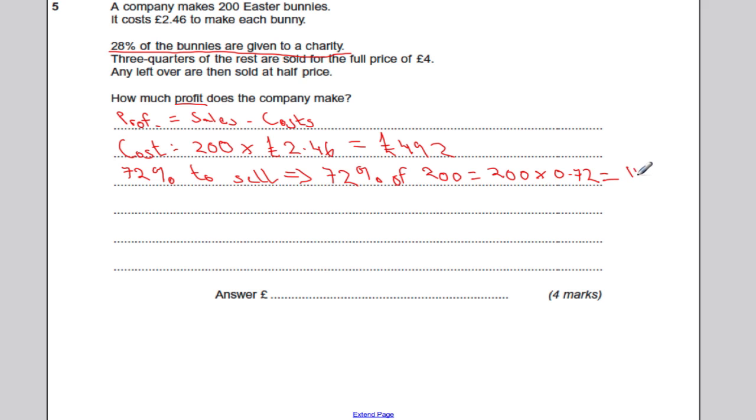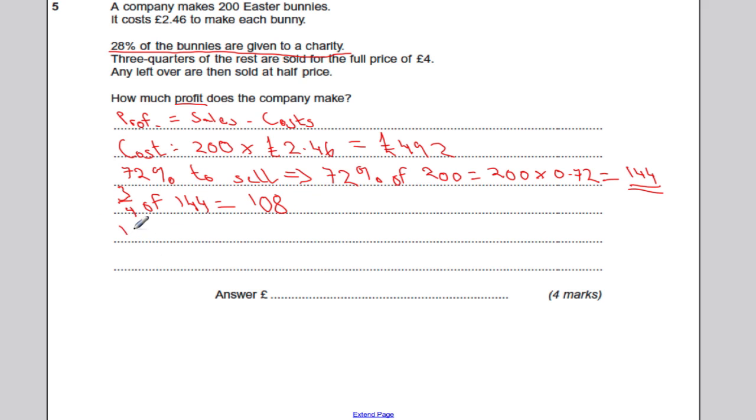So they've got 144 bunnies that they're going to sell. Now, 3/4 are going to be sold for full price. So I need to know how many 3/4 is. So I want 3/4 of 144. Working out 3/4, we get 108.